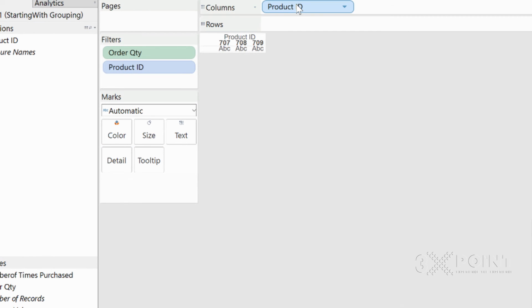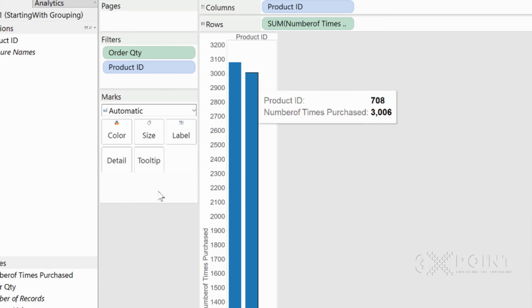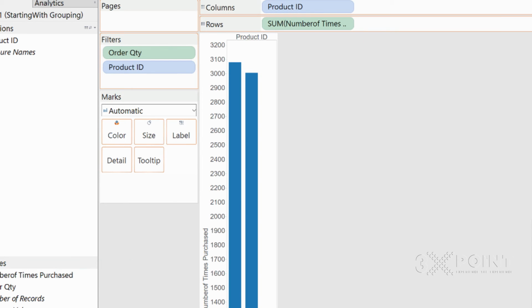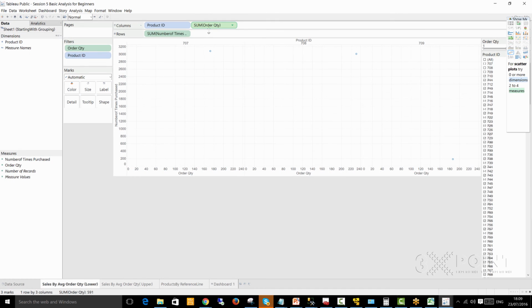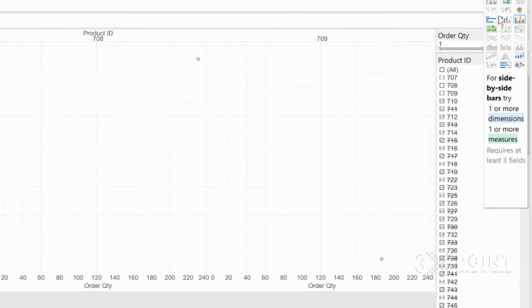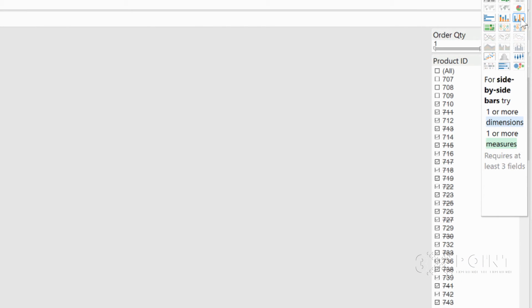Okay, so we have our product ID here. So if I bring this and bring that, yeah, you can see that anytime you drag these things around, Tableau automatically suggests a kind of graphical interface for you. So it's up to you to now start changing them. All right. So that's what we have.